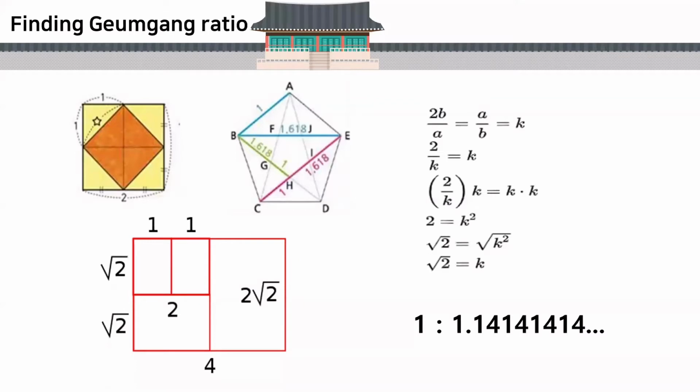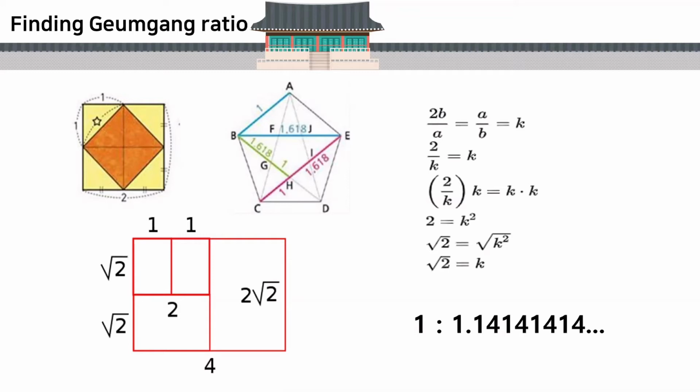The 금강 ratio has very many mathematical features. Comparing this with the golden ratio, each is related to the root and pi. The 금강 ratio refers to 1 versus root 2. It means 1 versus 1.41414, and the golden ratio refers to 1 versus 1.618 like that.